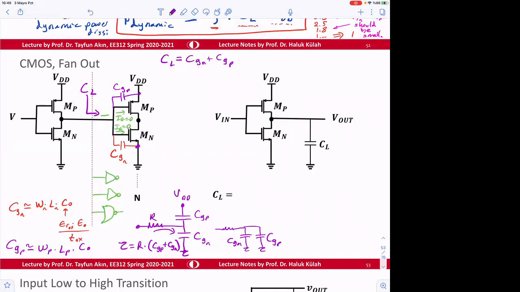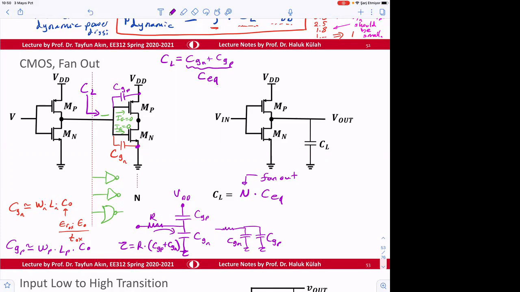So CL will therefore be equal to, let's call this whole thing C equivalent. So CL, if there are more than one gate connected, CL will be equal to N times C equivalent. So this is fan out. So you know that fan out can be maximum fan out or can be just fan out.